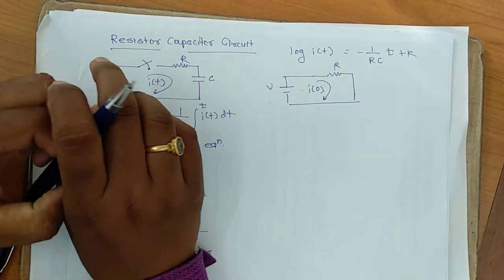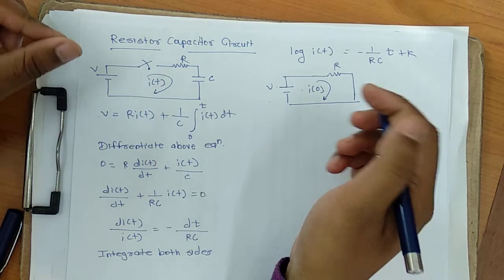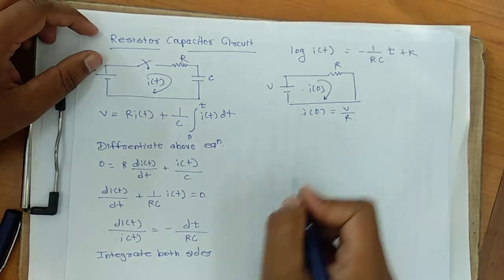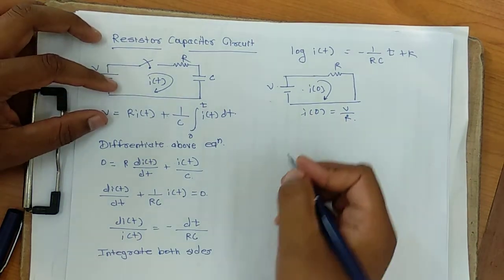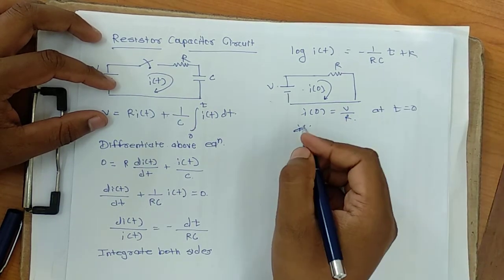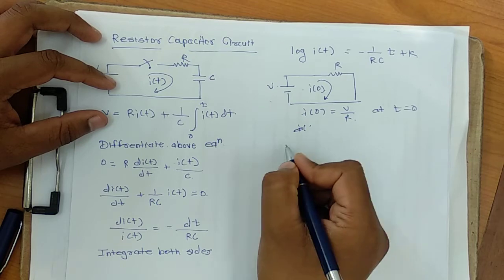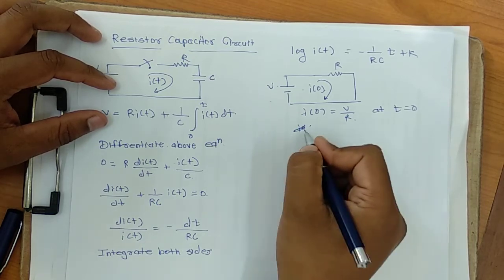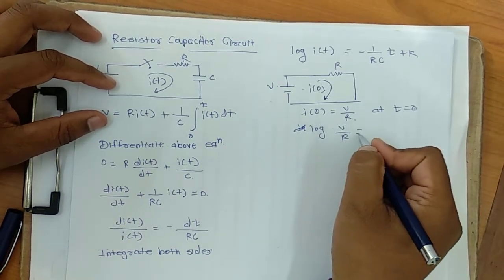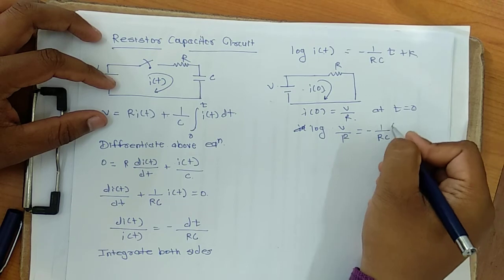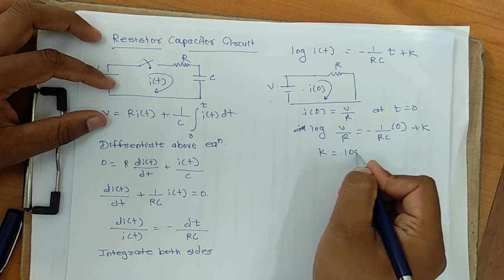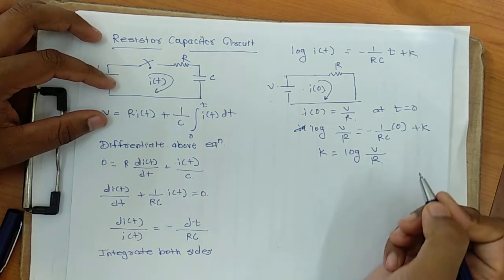So I of 0 will be V by R. We put I of 0 equals V by R at t equal to 0: log of V by R equals minus 1 by RC times 0 plus k. So the k value will be log of V by R.